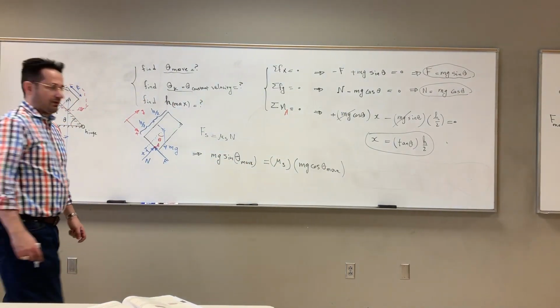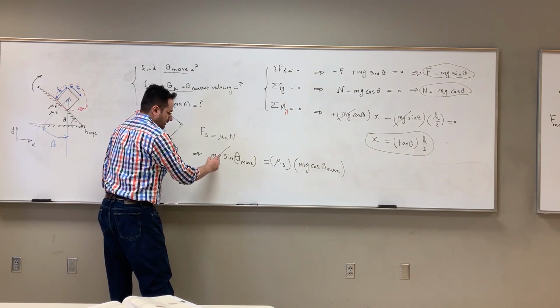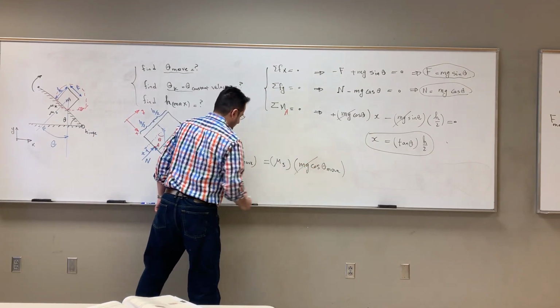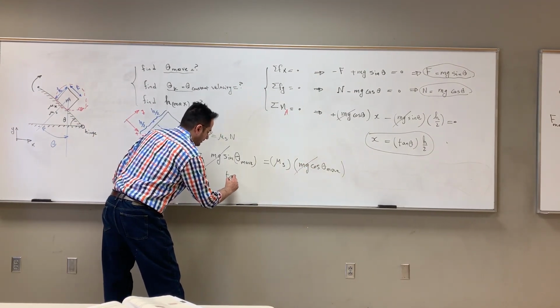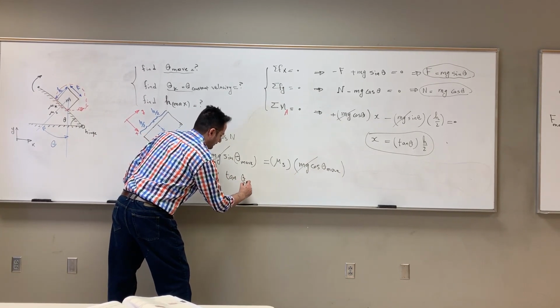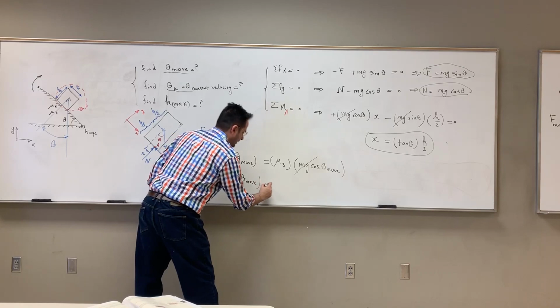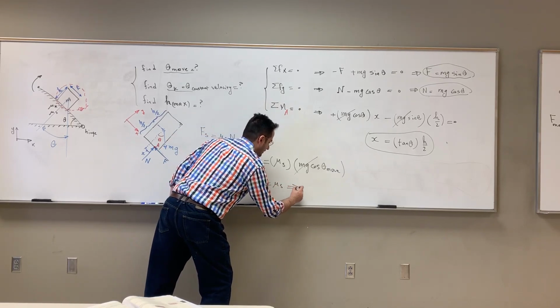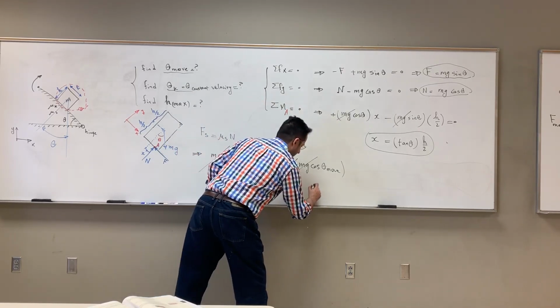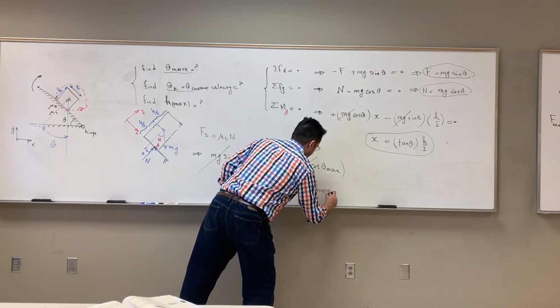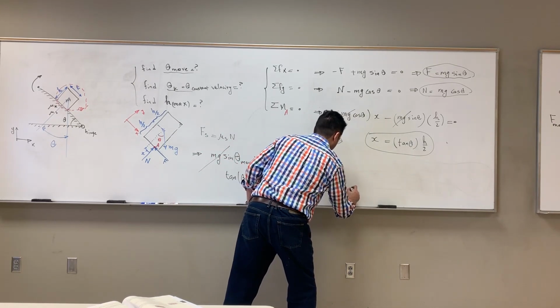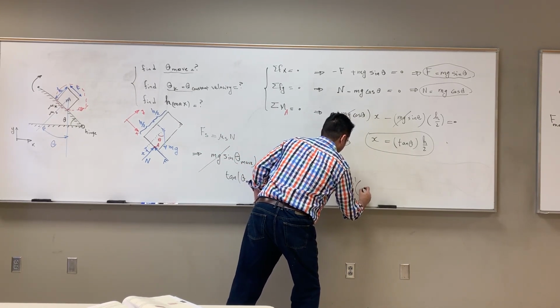Yes. Look, mg cancel out, so tangent theta move, sine over cosine theta, is mu s. So theta move is equal to arctangent mu s.